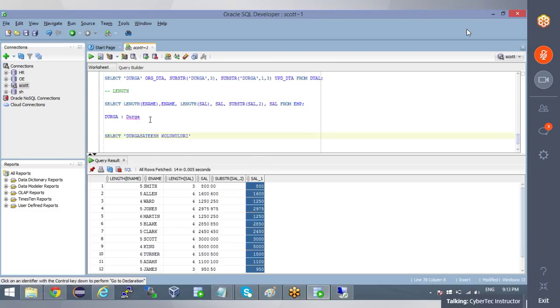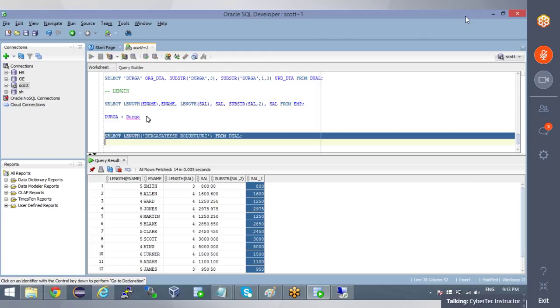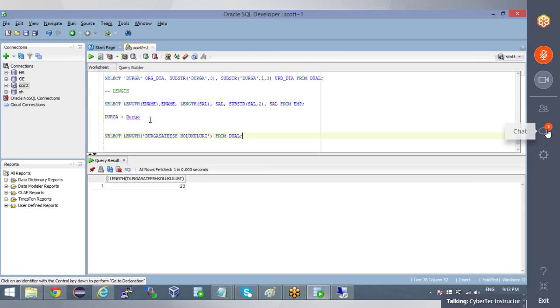Then I would say select length of this string from dual. It would calculate the total length, including the spaces. Is that clear, Sunita?